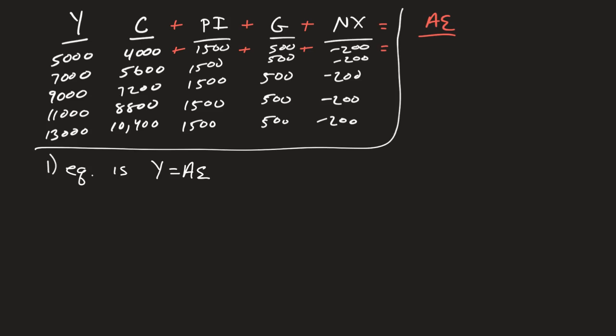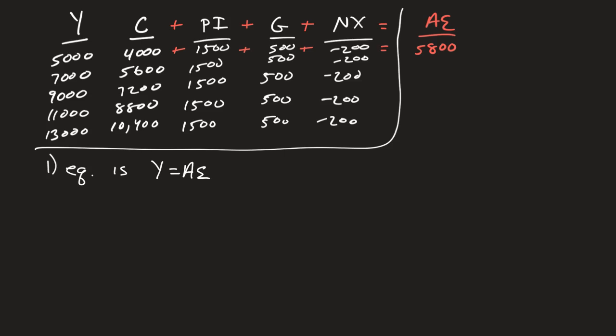So let's go ahead and do that. So 4,000 plus 1,500 plus 500 minus 200, right? If we plug that in our calculator, or we can do this in our head. We say 4,000 plus 1,500 is 5,500, plus 500 is 6,000, minus 200 would end up being 5,800.